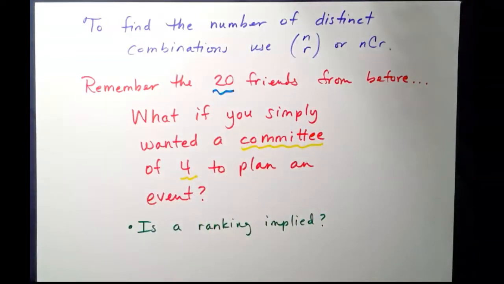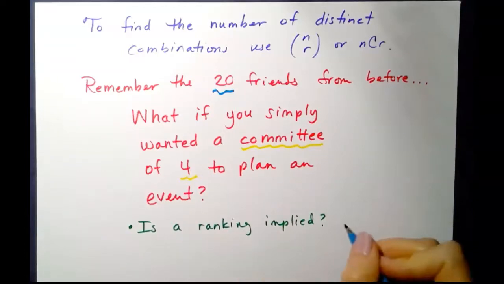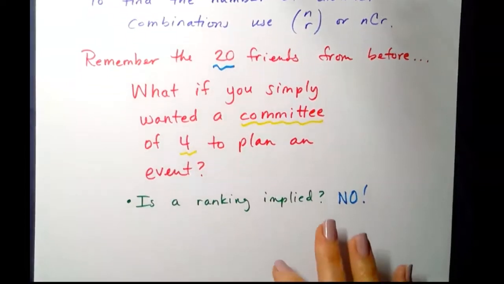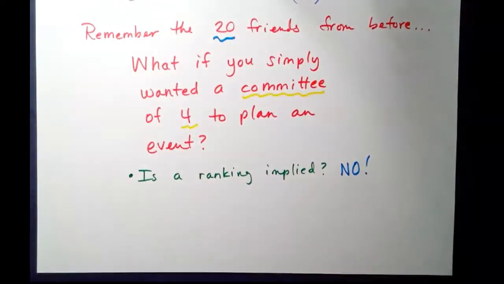The 20 friends, but now instead of trying to rank a president, vice president, secretary, and treasurer, we simply want a committee of 4 to plan an event. So a ranking is not implied. Is an order important? No. We simply want a committee of 4.